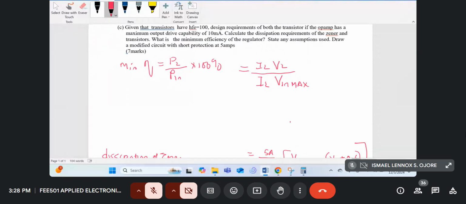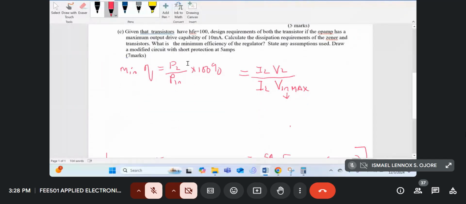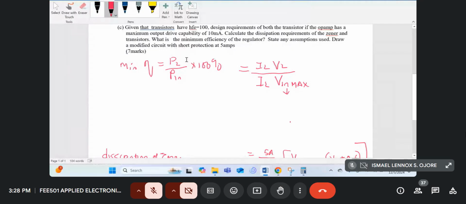Remember Vin ranges from 20 to 45 volts, yes. When Vin is maximum, this number is minimum.